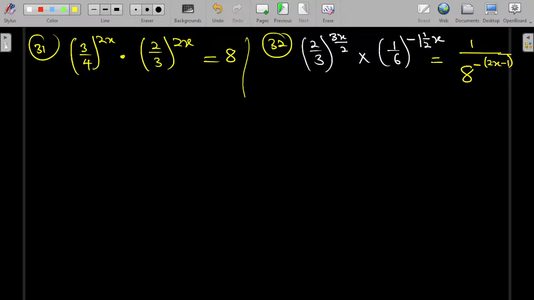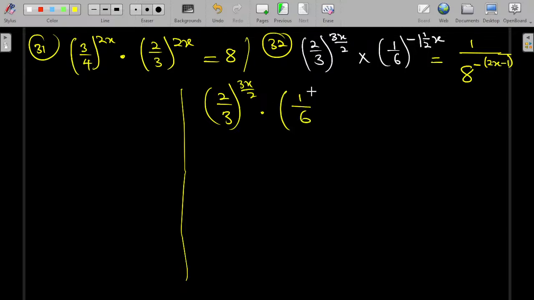Let's see what we can do with it. First of all, we will try to change this mixed number into a fraction. That is going to give us an improper fraction. So let's bring down 2 over 3 to the power of 3x over 2 multiplied by 1 over 6. If I change this, I'm going to have minus 3 over 2x.